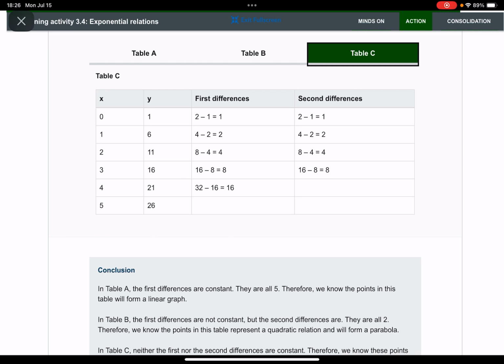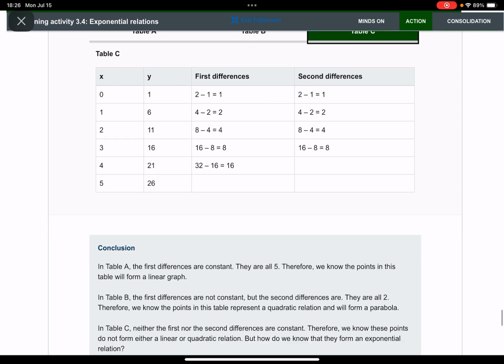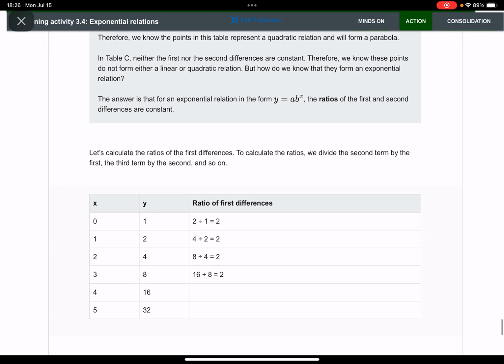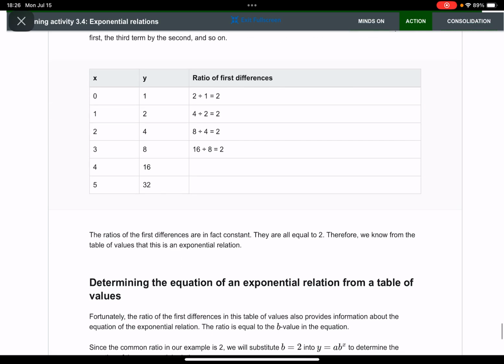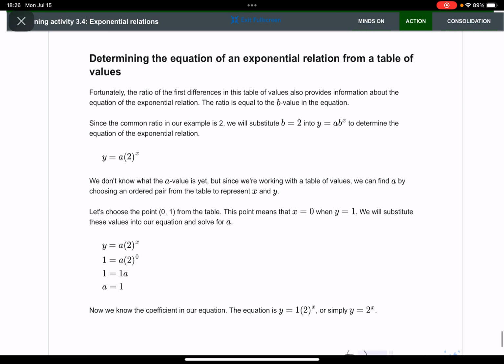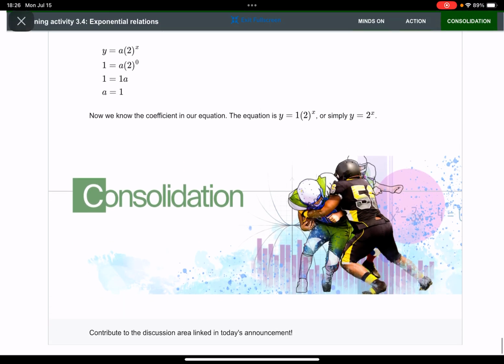Therefore, automatically it's going to be an exponential. In our course, we only really deal with exponentials, quadratics, or linear. You'll notice that the second differences is 1, 2, 4, 8, meaning that it's constantly doubling. And this is called a constant ratio. So the ratio of the first or second differences are all going to be essentially doubling each time.